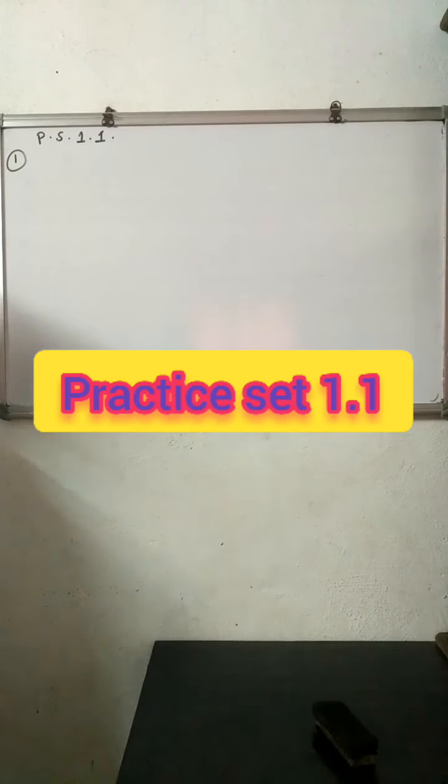Practice set 1.1. First example. Base of a triangle is 9 and height is 5. The base of another triangle is 10 and height is 6. Find the ratio of area of two triangles.